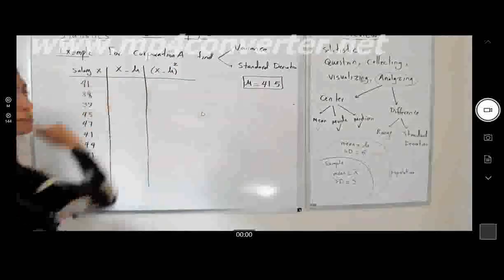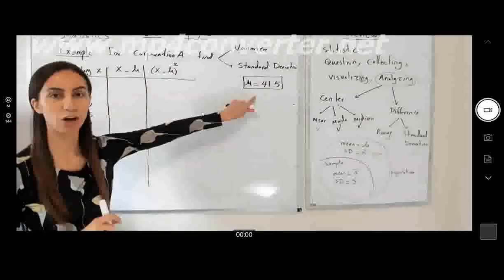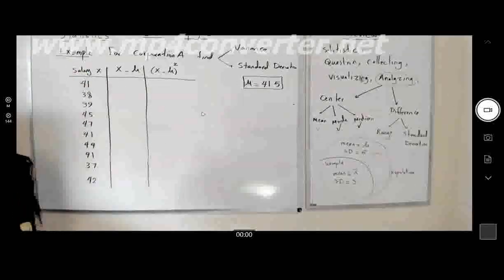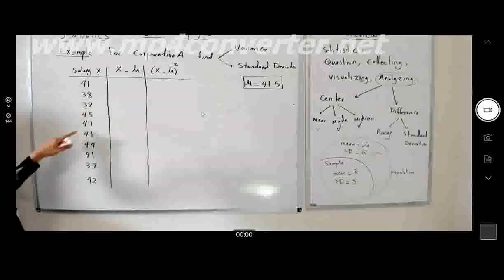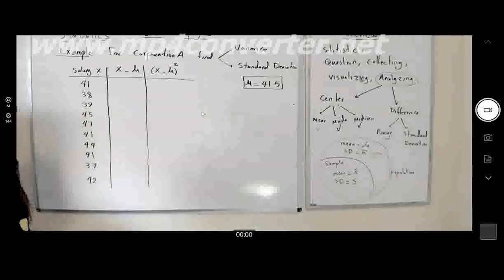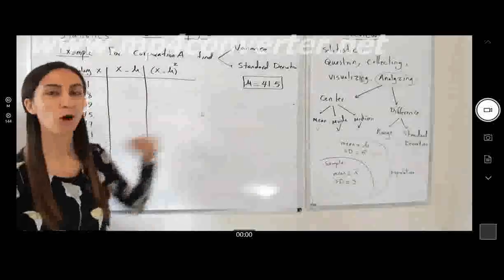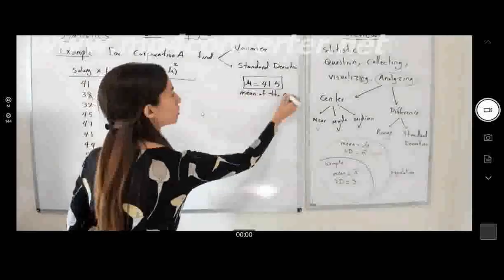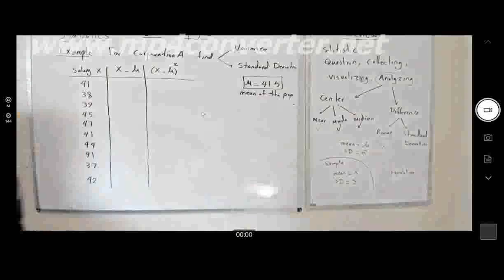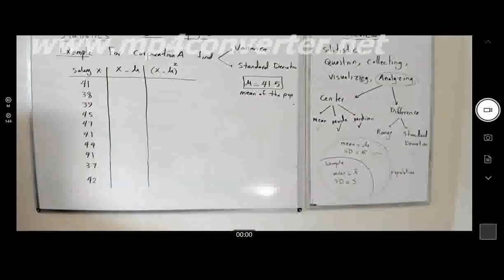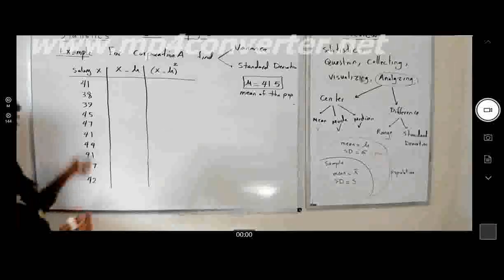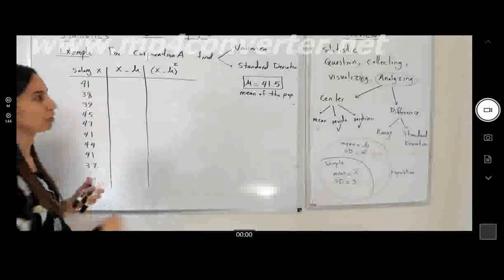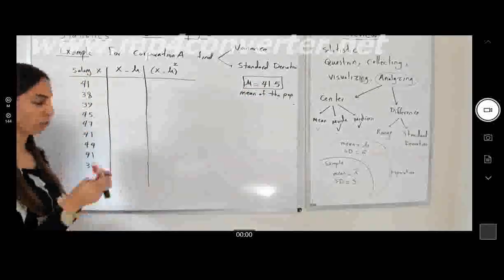Before completing the second column, we need to find the mean of the collection. What we do, we add all of these together and divide by 1, 2, 3, 4, 5, 6, 7, 8, 9, 10 to get the mean of our population. So this is the mean of the population. Very well. In the next step, we have to take each x. X is equal to 41 minus the mean 41.5.